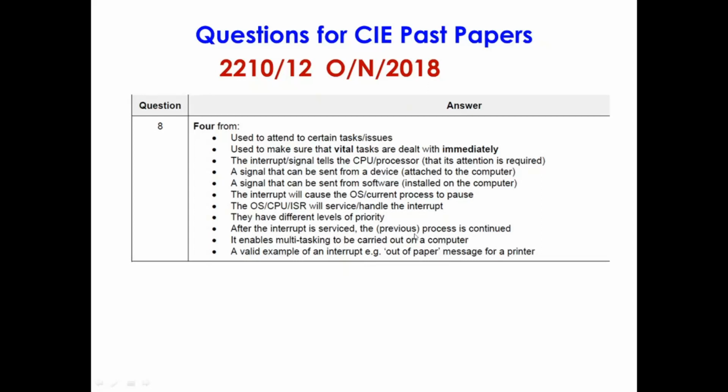After the interrupt is serviced, the previous process is continued. When it has dealt with the interrupt, then the computer will resume its work. It enables multitasking to be carried out on a computer. For example, you are using Microsoft Word, and you are still working in Microsoft Word, but you are opening an email as well, so you can work on both at the same time.